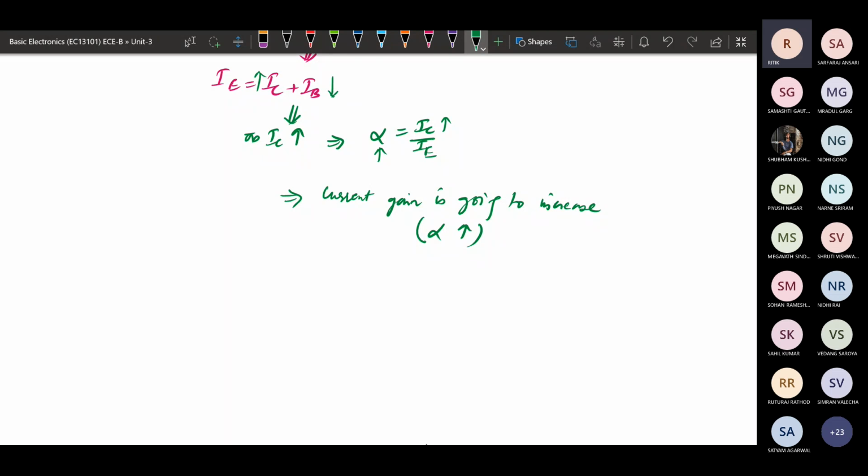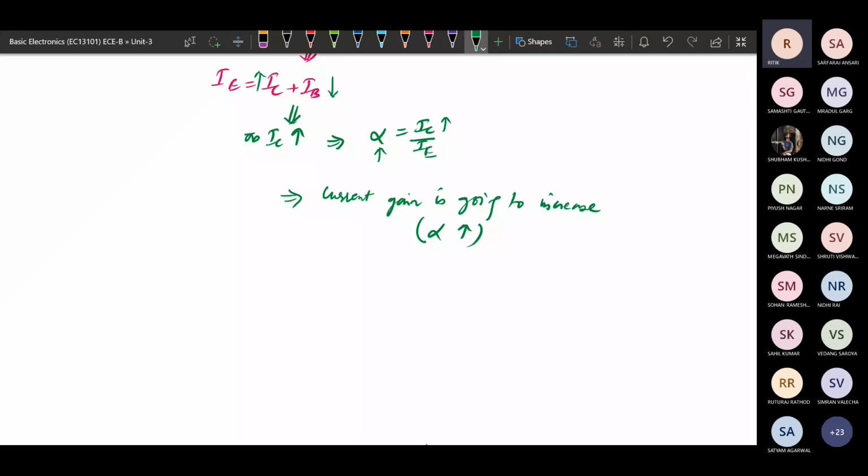We will apply base width modulation for different applications, and once we analyze the BJT, we need to consider the effect of base width modulation on the circuit. We generally neglect it, but we need to keep in mind that this can affect the overall operation of the circuit.